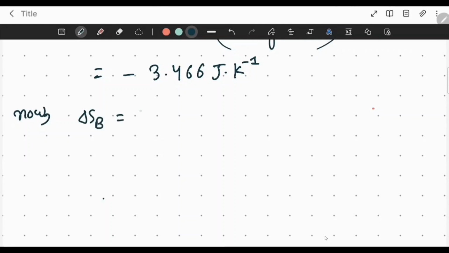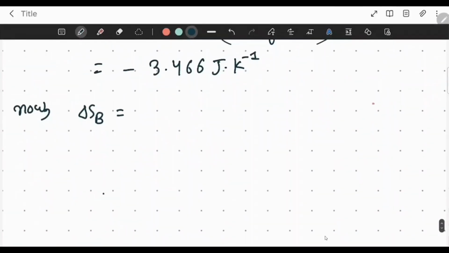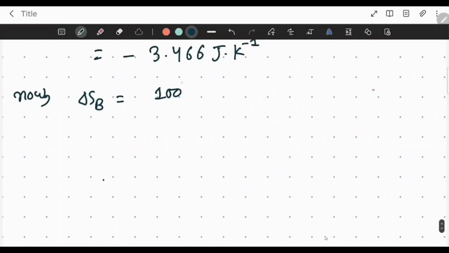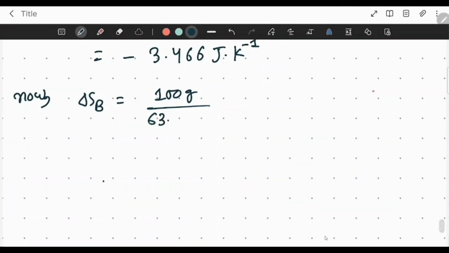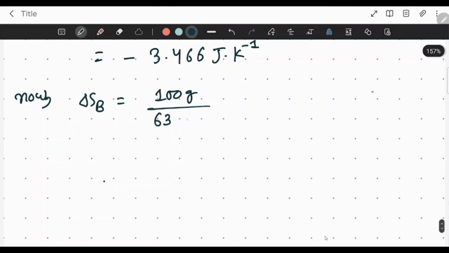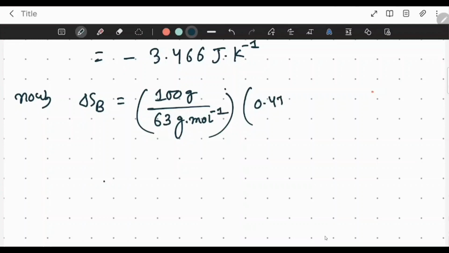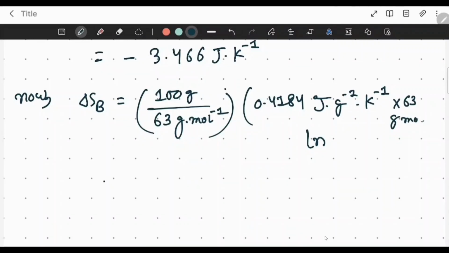Similarly, del S B will be 50 gram, oh sorry, 100 gram divided by 63 gram per mole, into similarly 0.4184 joule gram inverse Kelvin inverse, multiplied with 63 gram per mole, ln 333 divided by 303.